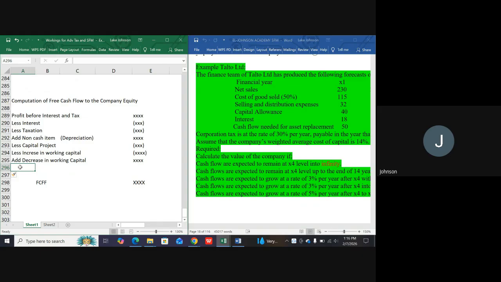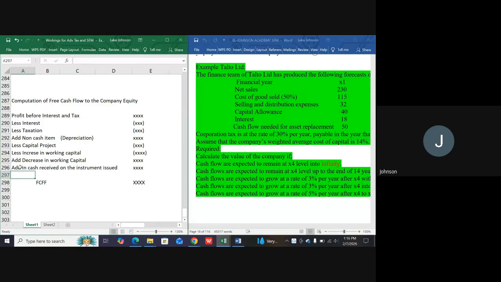Then here you need to add the cash received on the instrument issued.